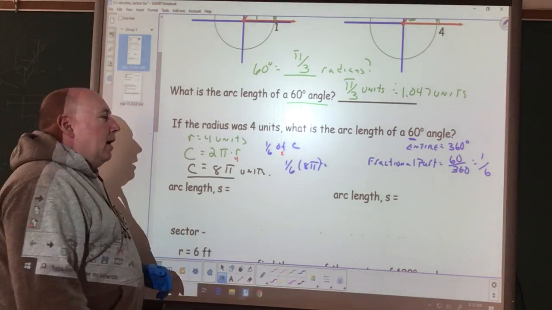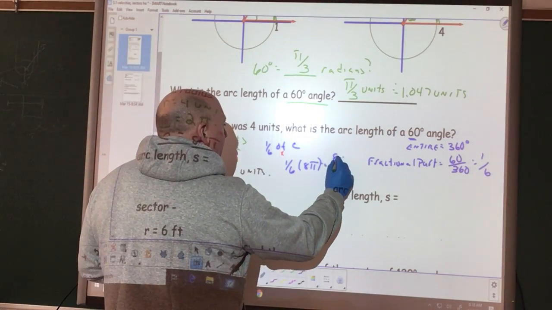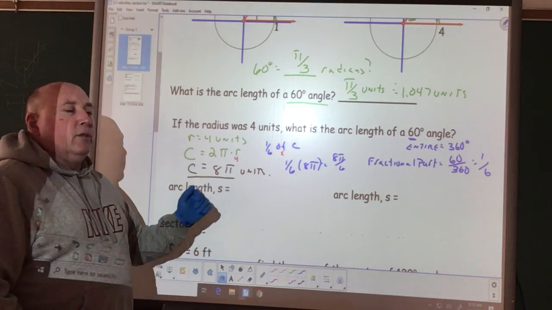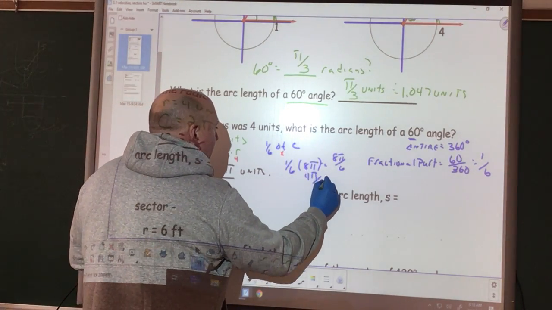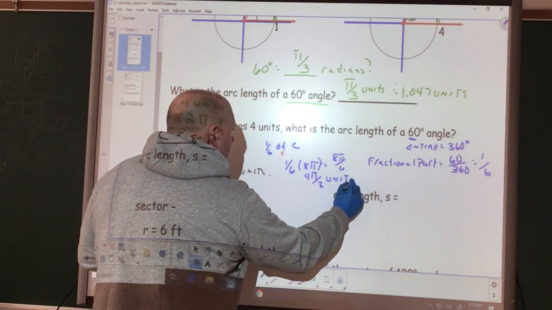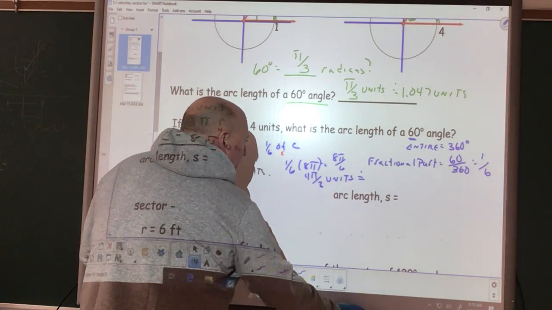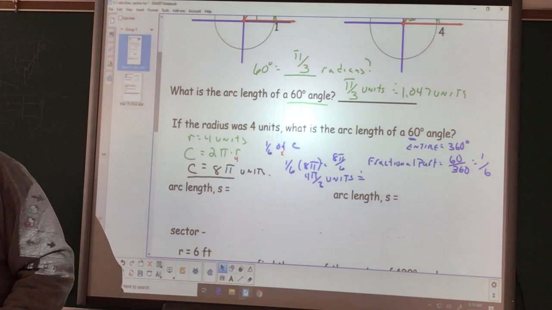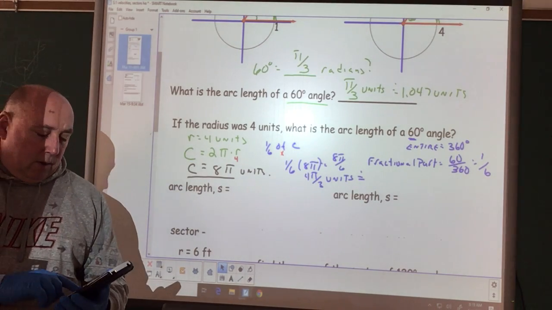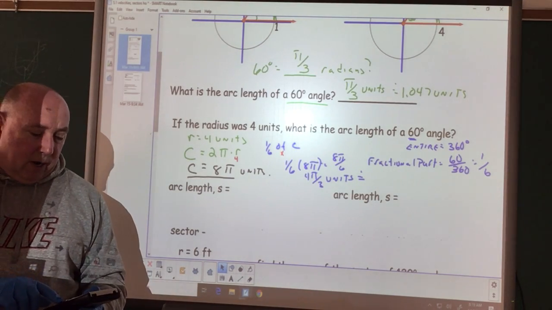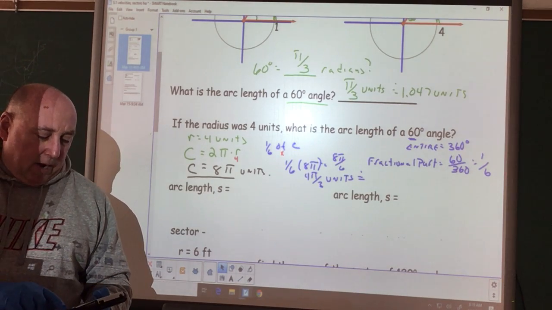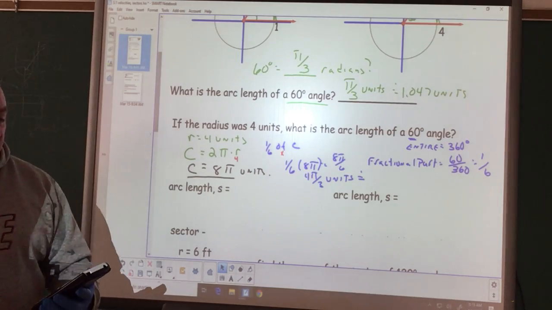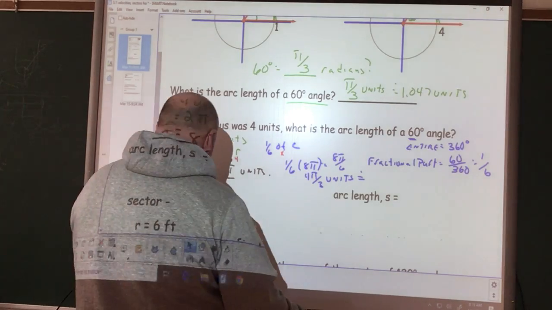So we have 8 pi over 6, which reduces down to 4 pi over 3 units, which is approximately equal to, and once again, I can clickety-clack, 4 times pi divided by 3, and we get 4.189.